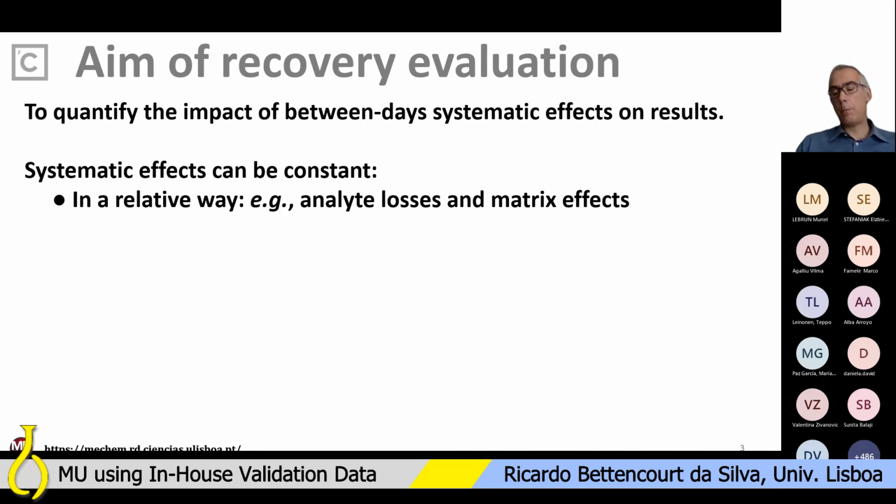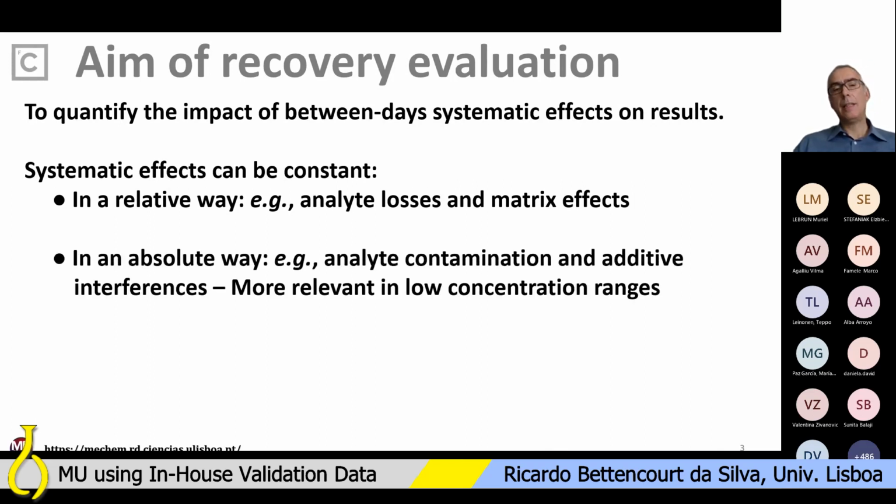So we have a proportional effect, and matrix effects are also proportional to the analyte level. In some cases, we have absolute systematic effects from contaminations, from additive interferences, but typically these absolute systematic effects are more relevant in low concentration ranges.